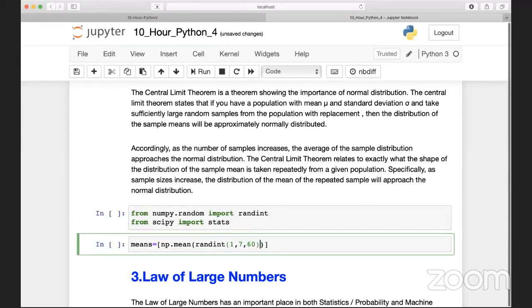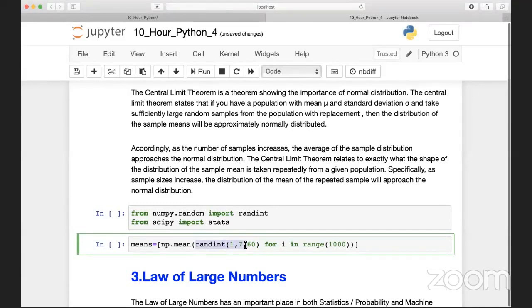Okay, for i in range 1000. So what does it mean? I generate random integers from 1 to 6, which corresponds to rolling a dice, right?